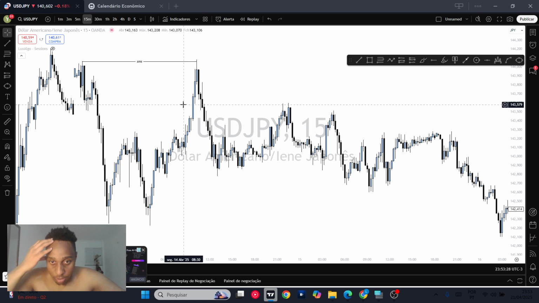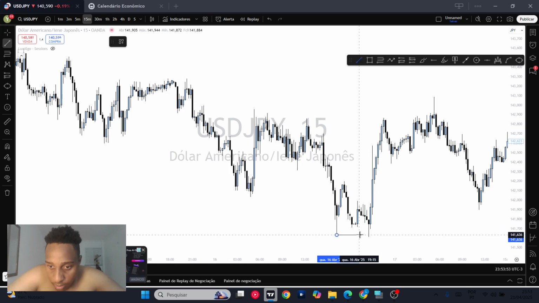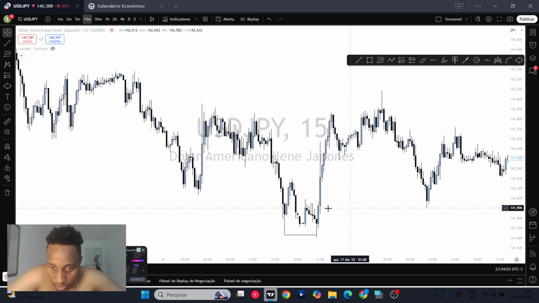Price respected it a lot, and then price made this a false break of structure, a liquidity sweep, or SMS. So let's call this SMS.